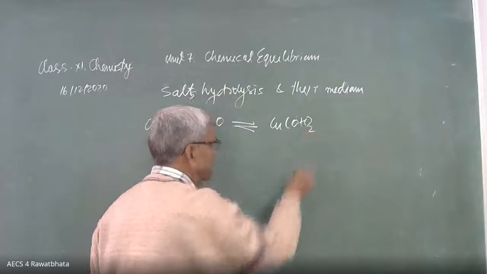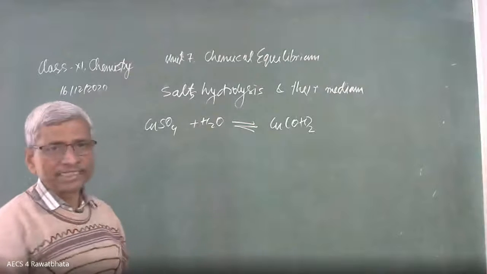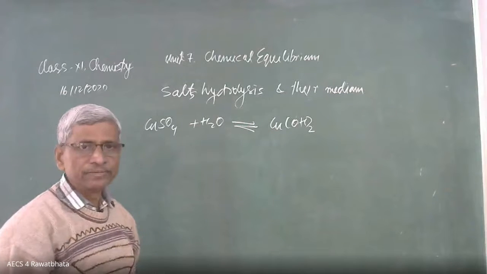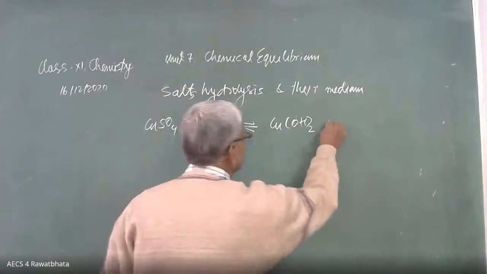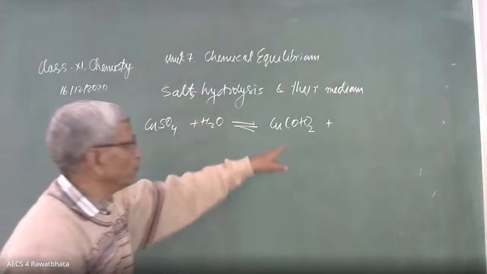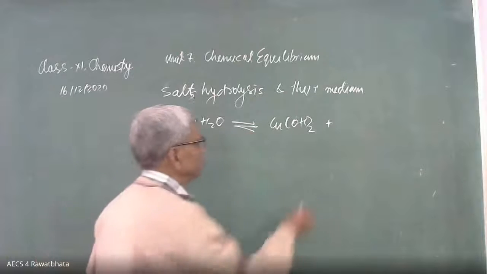Copper is bivalent, with valency 2 and oxidation state +2, that's why OH twice. And sulfate forms the acid H2SO4, with the H2 coming from water.